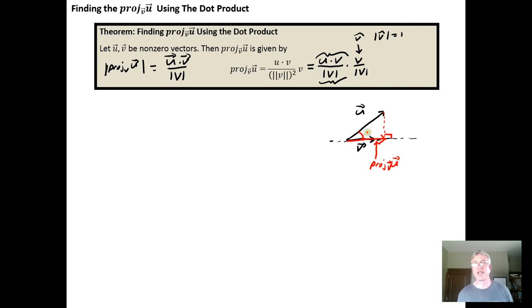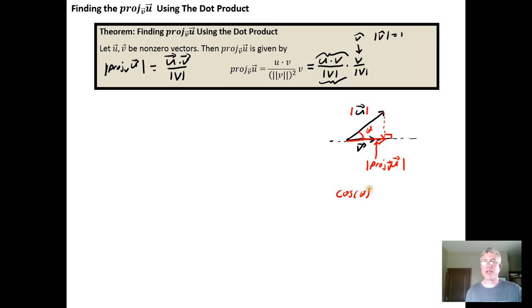They have an angle that's formed between them, right? And so what we know from trigonometry is if we had this length and this length, and this length here would just be the size of the vector u, and the length of this vector would just be the size of the projection vector, we could actually calculate the cosine of theta.